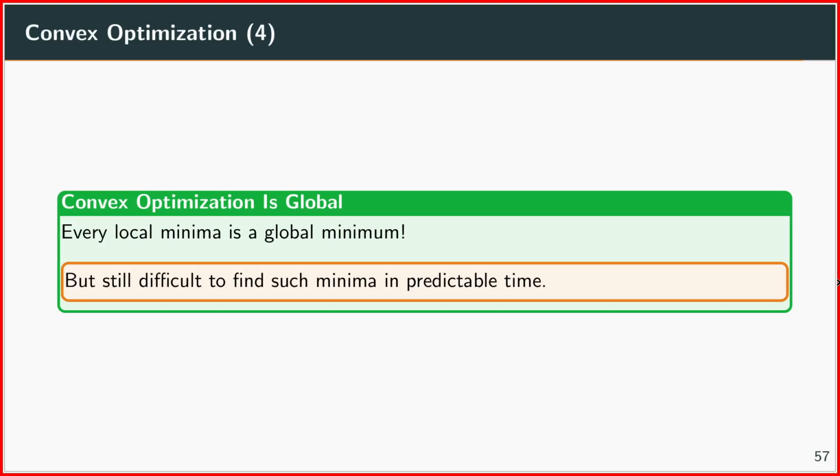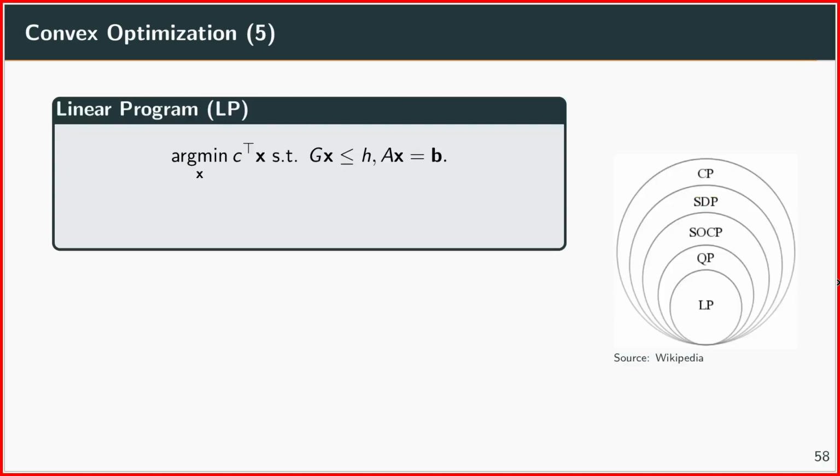In practice, it's sometimes a bit difficult to find the minima in a predictable time, but usually if you can actually cast the problem as a convex optimization problem, then it's a big difference between having something which you can efficiently solve and having something which is not really efficiently solvable.